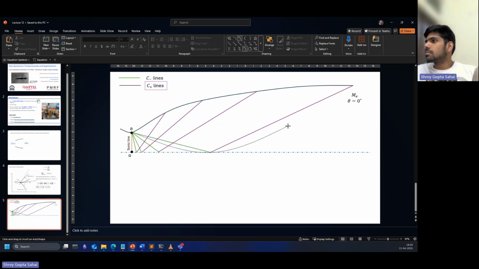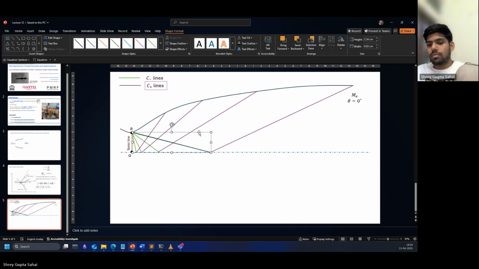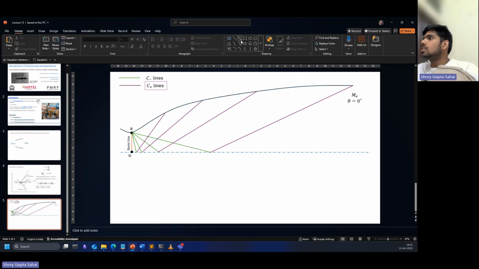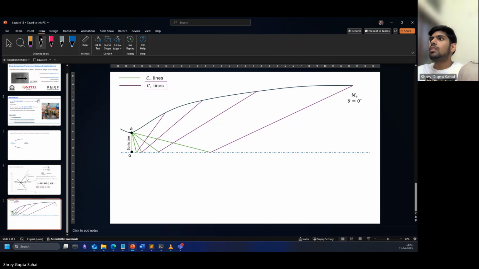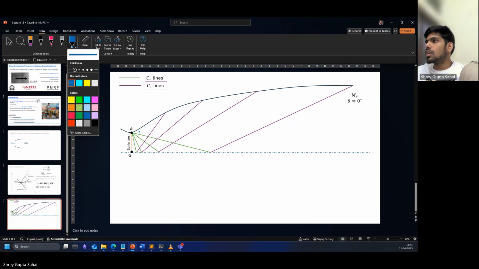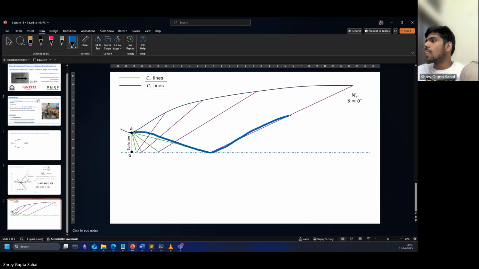So if you look at this part of it, like this color.